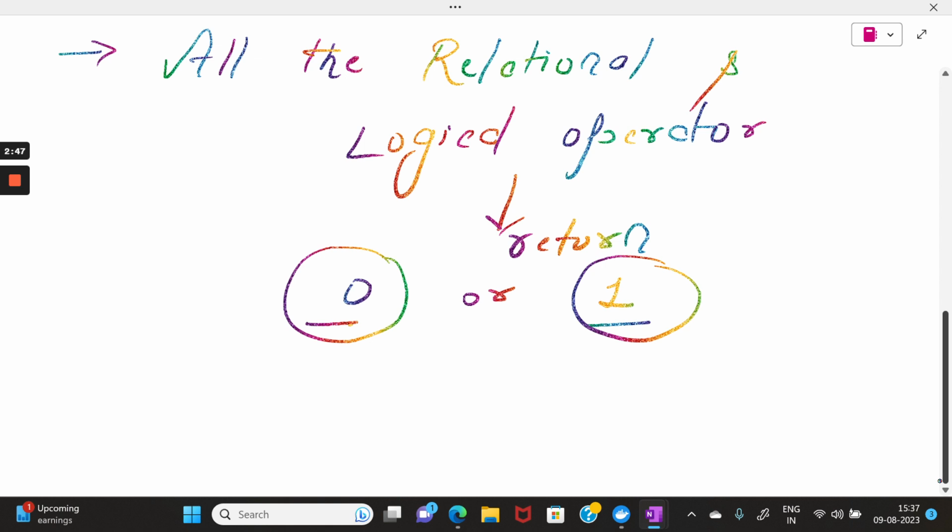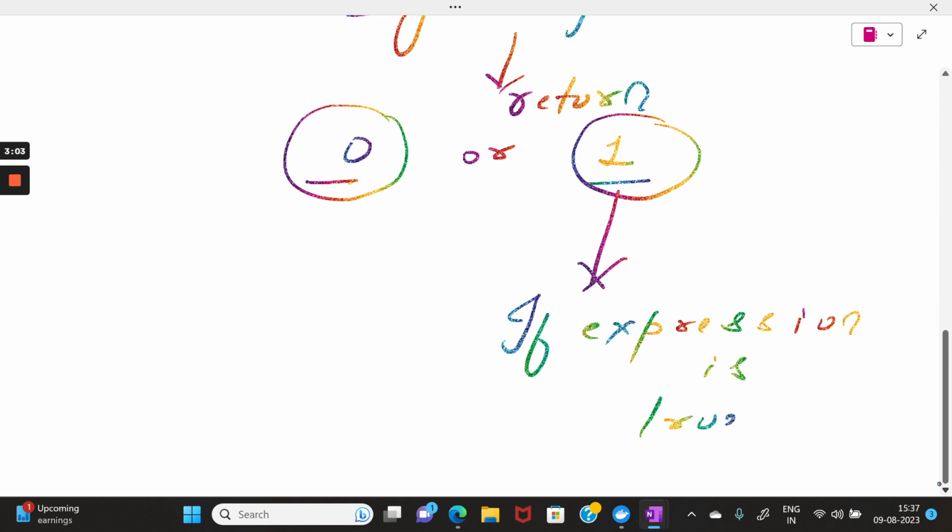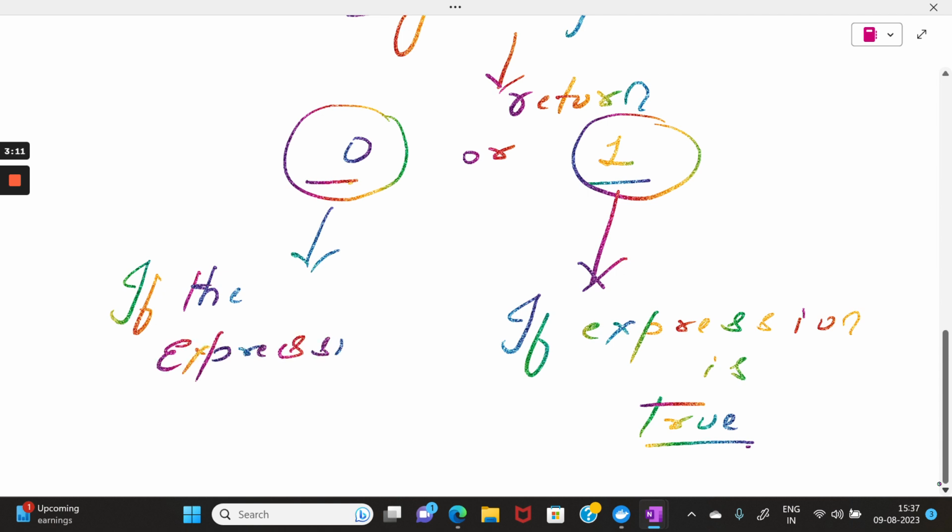So all the logical and relational operators return either 0 or 1. When the expression computes to true, they return 1, and 0 if the expression is false. If we have the expression as false, then they return 0.